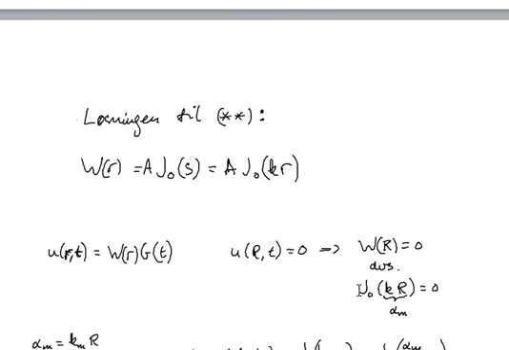And it also means that this value must be some zero of this Bessel function. So we are only considering cases where this constant k is equal to some value, which we can call km, such that km multiplied with capital R is equal to the mth zero of this Bessel function.